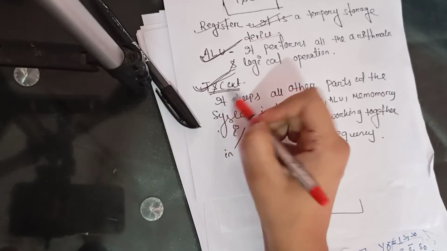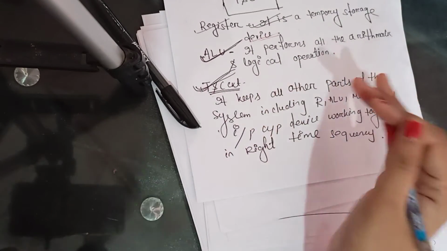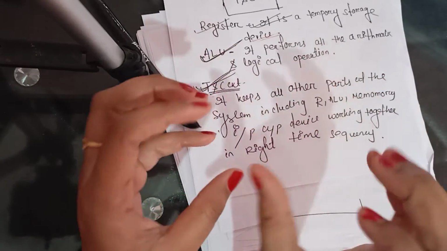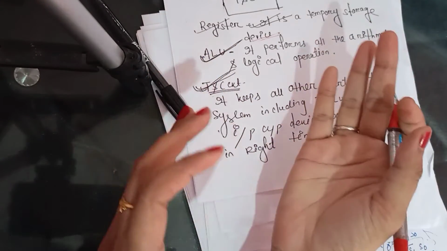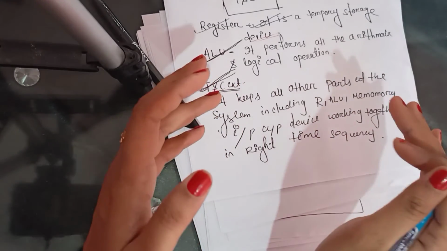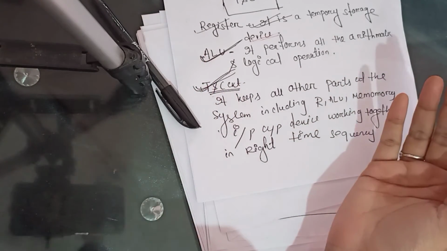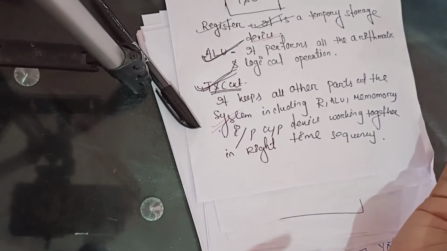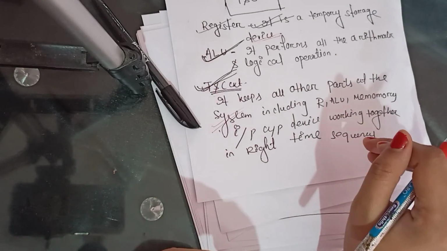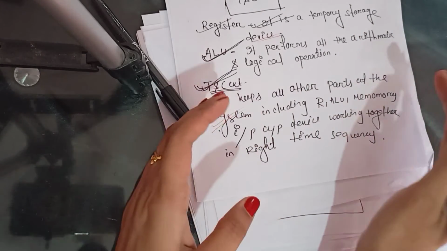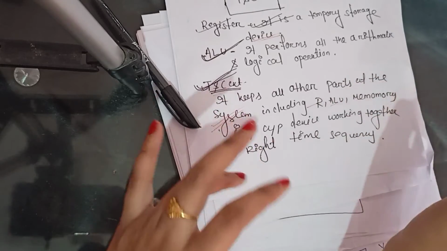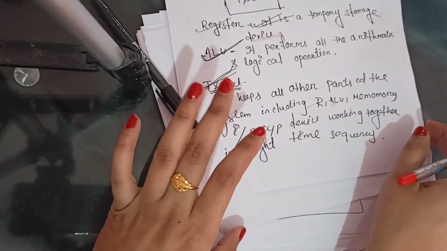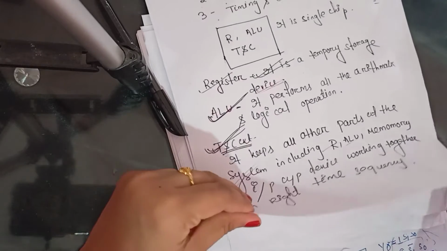And your timing and control circuit helps all the components working inside the chip to work together in the right time sequence. The other components are your register, arithmetic logic unit, memory, and input output device. Okay, clear? Then next.